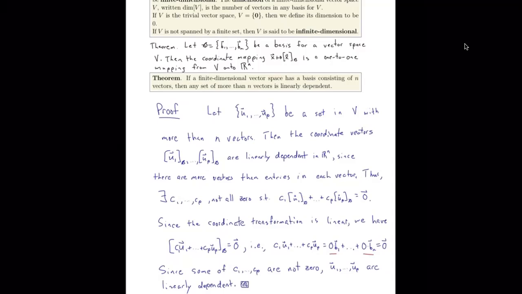And so we're equal to the 0 vector over here. So since some of our C1 through CP weights are not 0, then U1 through UP are actually linearly dependent. So we're able to achieve through the linearity of the coordinate transformation this expression. Really, we can move from here to here to say, yeah, this thing's equal to the 0 vector, and we have some non-zero C1 through CP, so this is clearly a linearly dependent relationship.